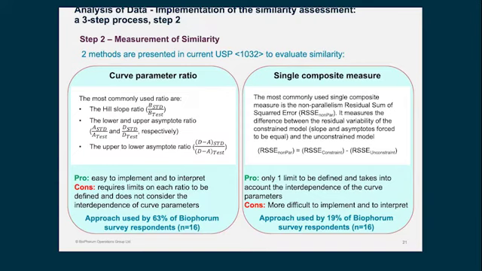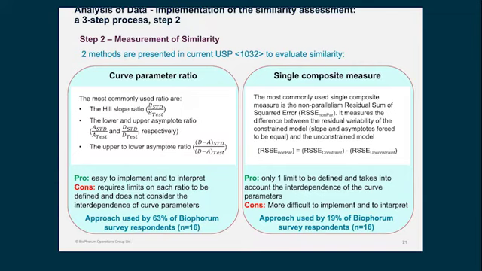The main advantage of that approach is that it is easy to implement and to interpret. The drawback of that approach is that it requires defining the limit on each ratio. The curve parameter ratio is the approach that is the most used by the BioPhorum survey respondents. You can see here 63% of the BioPhorum survey respondents are using that approach.